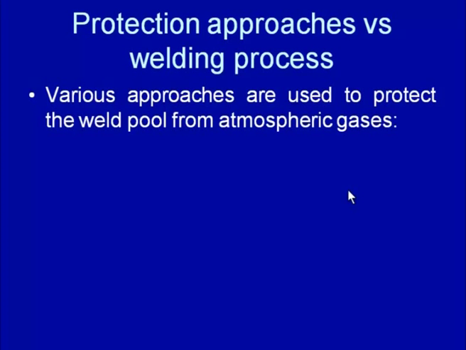Similarly, hydrogen in the arc environment can affect the soundness of the weld joint in two ways. One is it can get dissolved in the weld metal and produce hydrogen induced porosity, and the porosity is distributed in the weld.